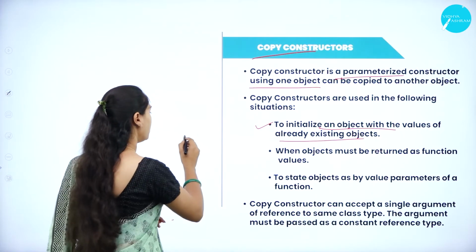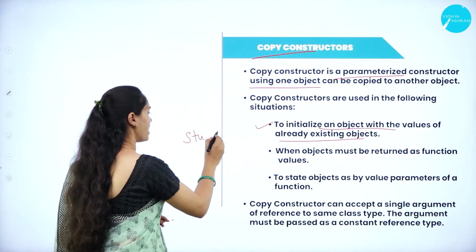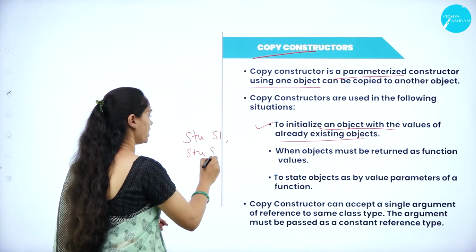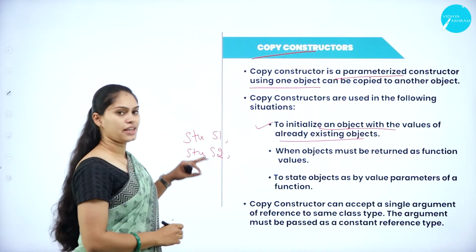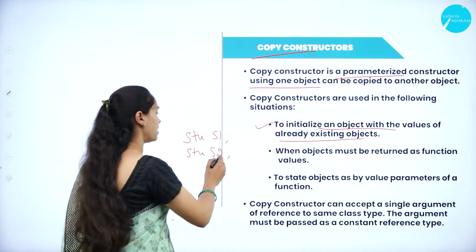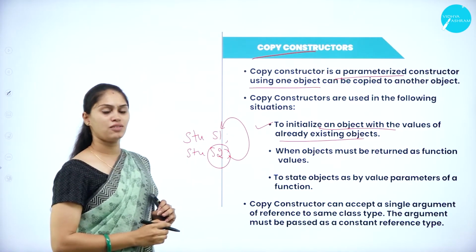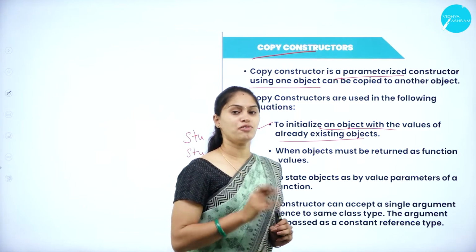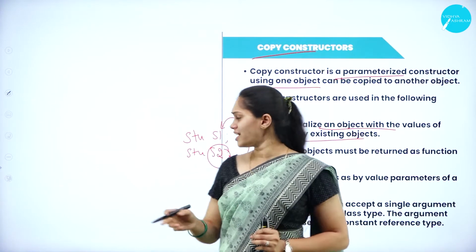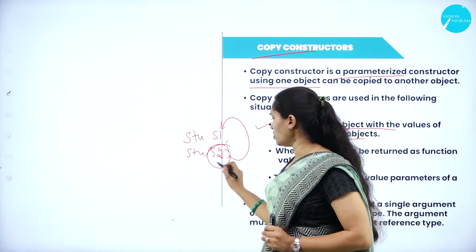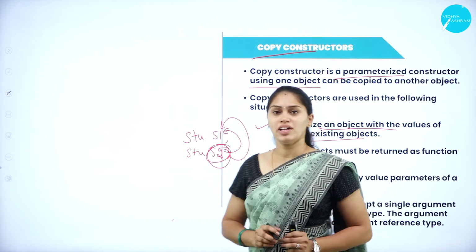For example, let me take stu as a class. I have s1. After that, I am going to create one more object, s2. If I want to initialize the value of s2 as the content of s1, if I want to copy the value of s1 to s2, so s2 is a newly created object, but I want s2 to be a copy of the s1 object.